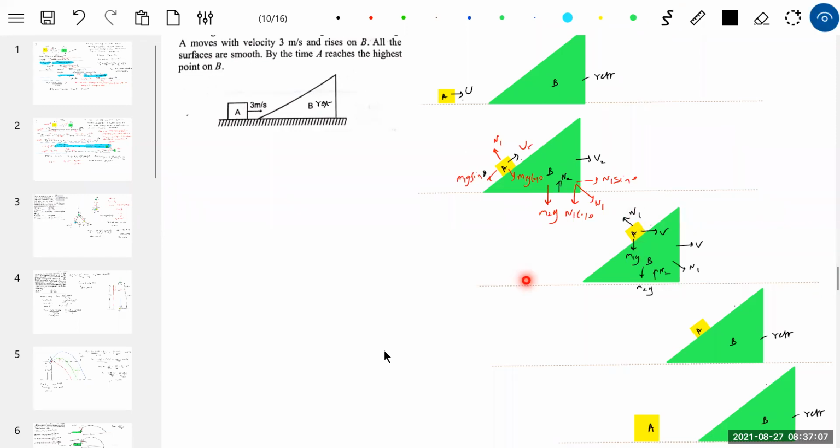Then from the ground frame, when you see, what will happen? Both are moving with a common velocity. And then, because of the component of weight, the block will start moving with respect to the wedge. Now, the person on the wedge, what does he say? The block is at rest at this moment. The person on the ground, what will be his comment?